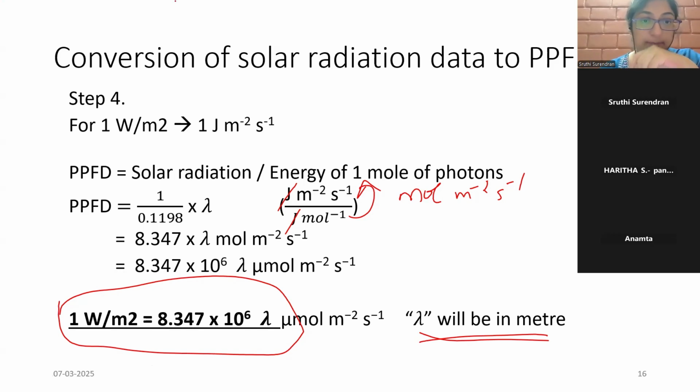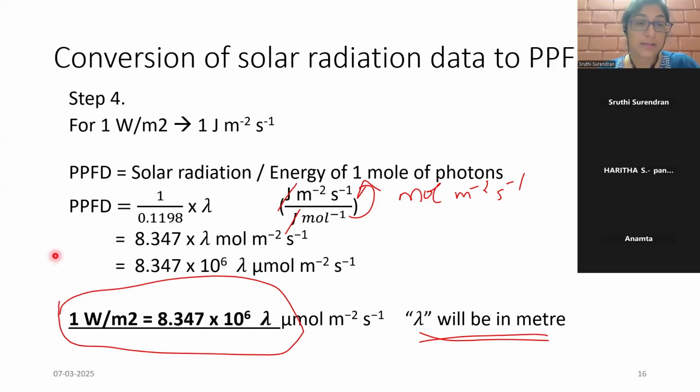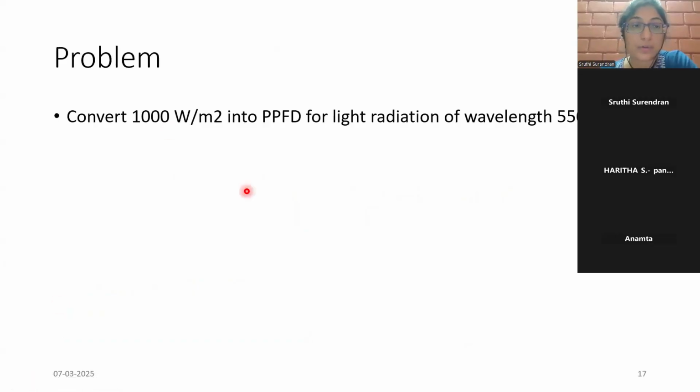So based on this, I have a small problem that you can do that will help you remember this equation. I need you to convert 1000 watt per meter square into PPFD for a light radiation of wavelength 550 nanometer.